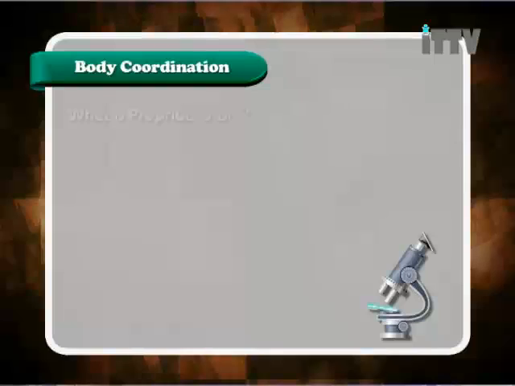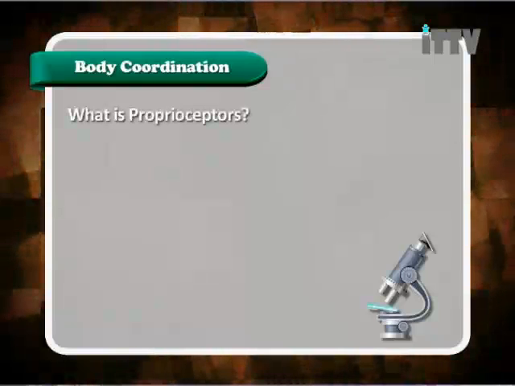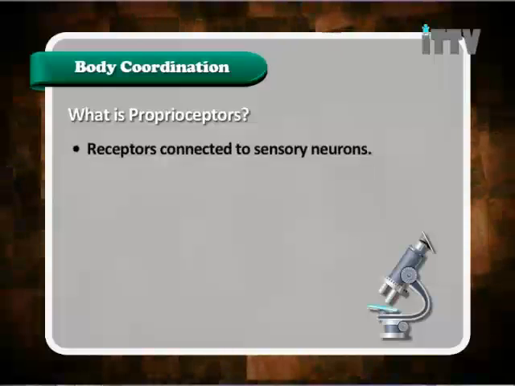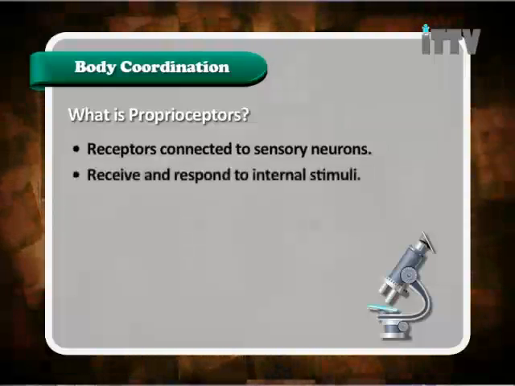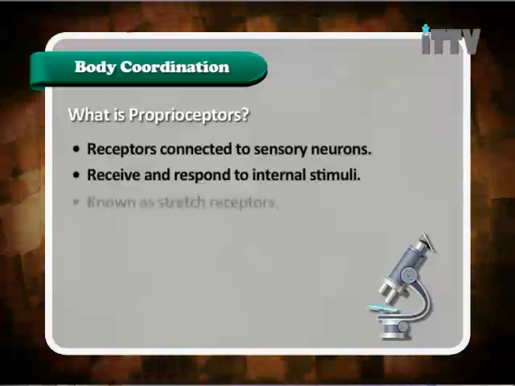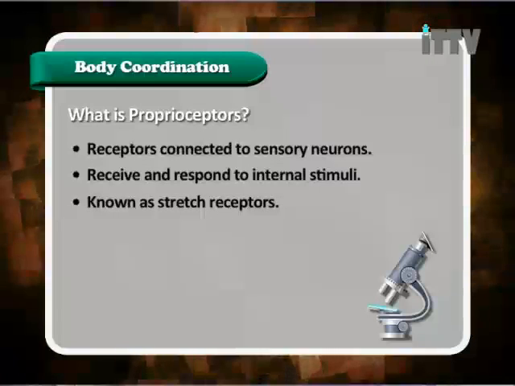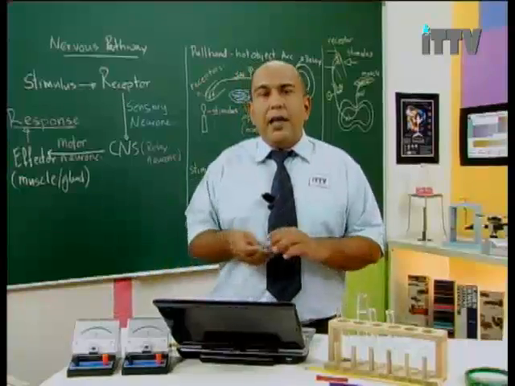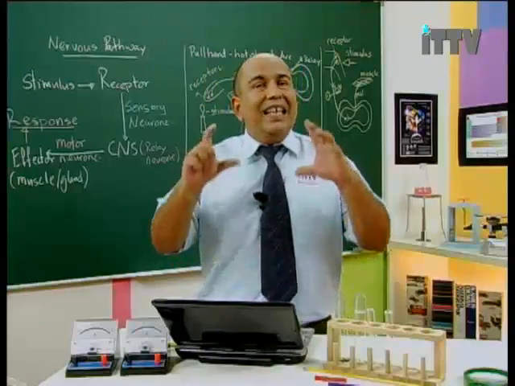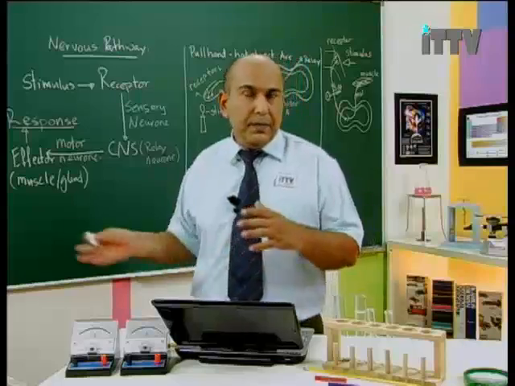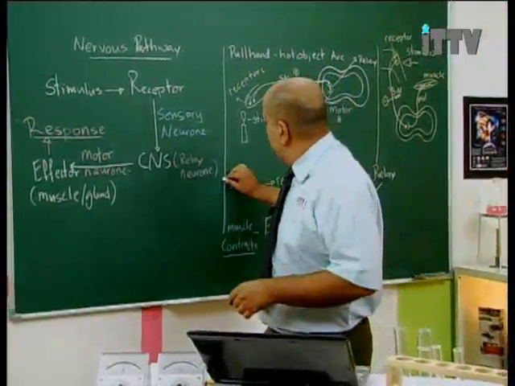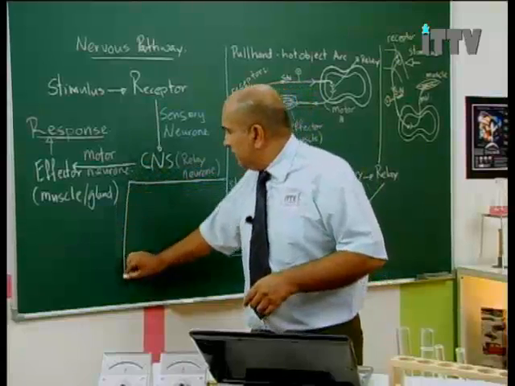Okay? What are proprioceptors? Receptors connected to sensory neurons receive and respond to internal stimuli, known as stretch receptors. Now, proprioceptors are special receptors that we have inside a muscle. Let me go up to the board here and sketch this for you. Let's make a little compartment here.